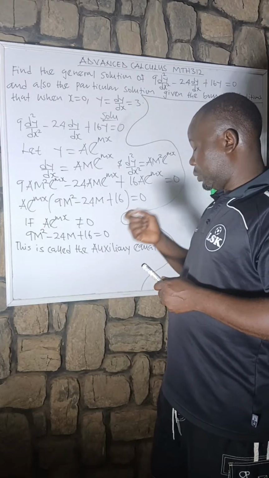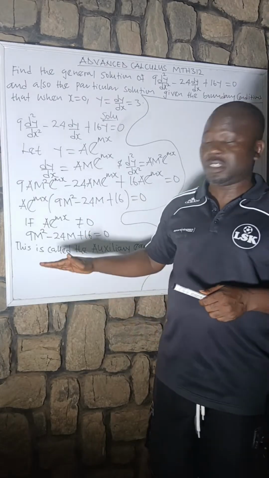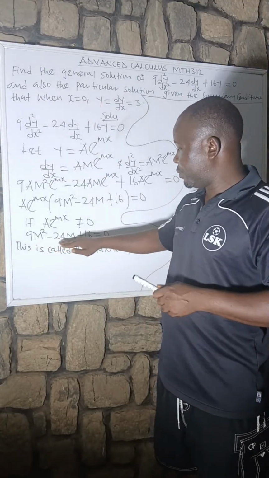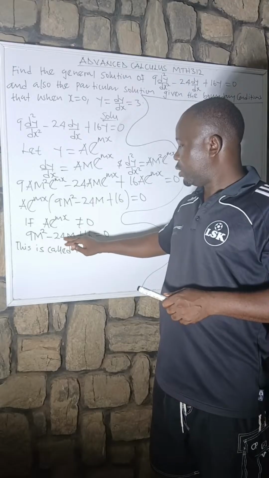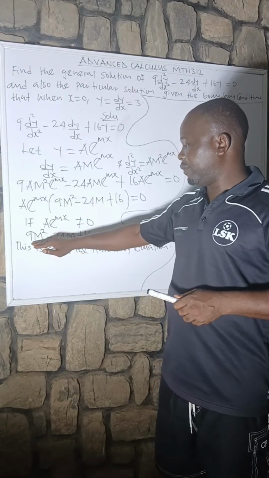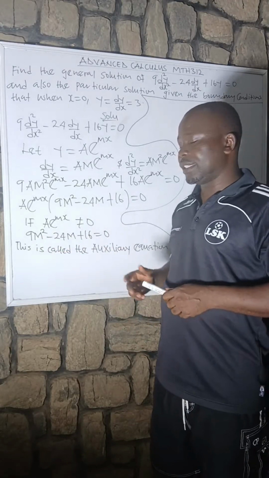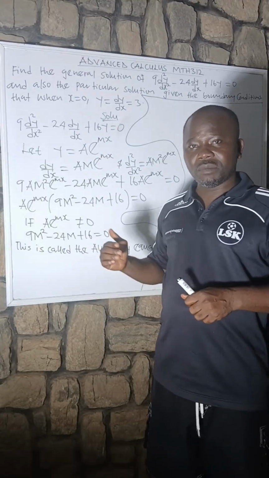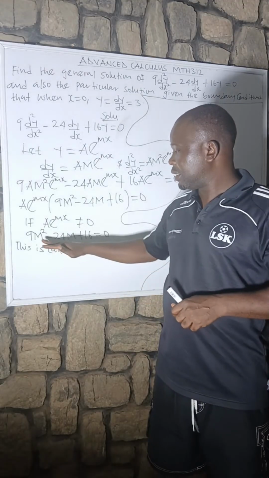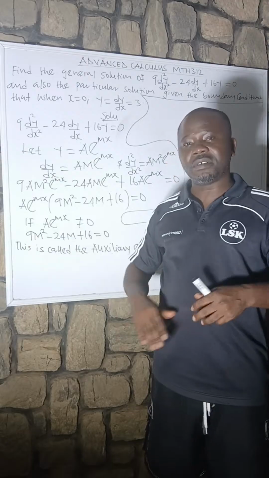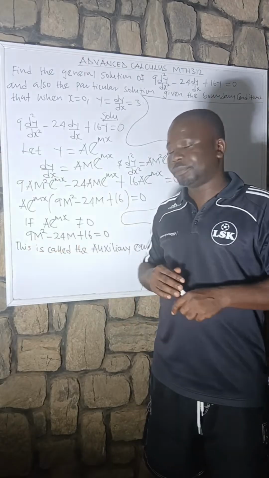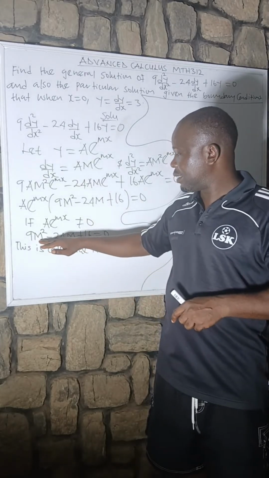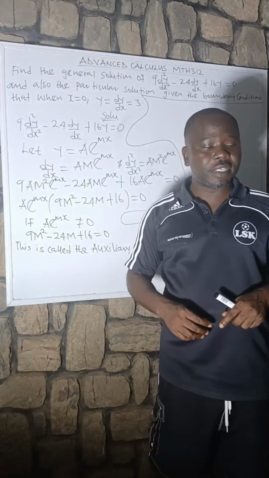I will just be brief here. I will just write the answer, then we move further. But I will advise you, at your convenience, to use the almighty formula to evaluate the values of m1 and m2.